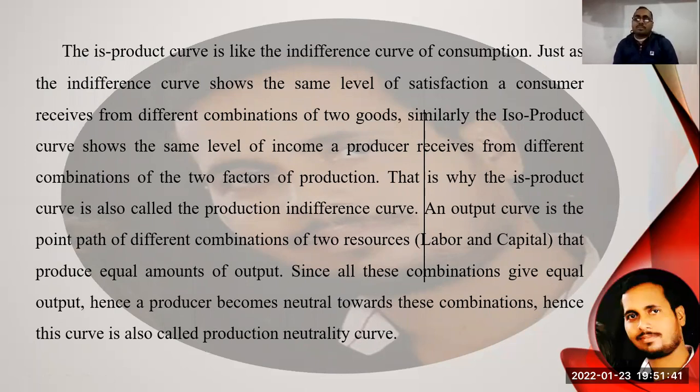Just as the indifference curve shows the same level of satisfaction a consumer receives from different combinations of 2 goods, similarly, the ISO product curve shows the same level of output or production received from different combinations of the 2 factors of production. Different combinations of 2 factors means combinations of capital and labor. Even when the ratio of capital and labor changes, the entrepreneur gets equal production.